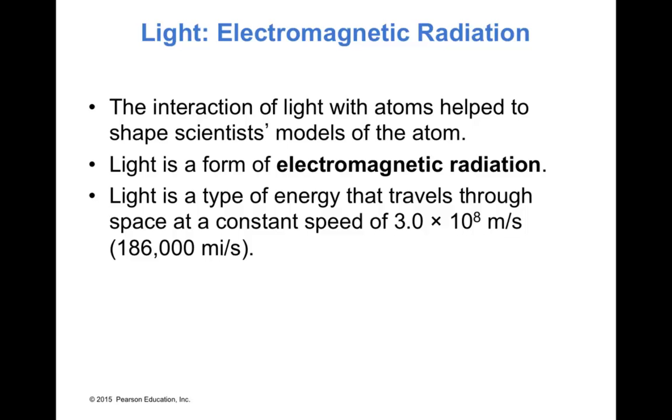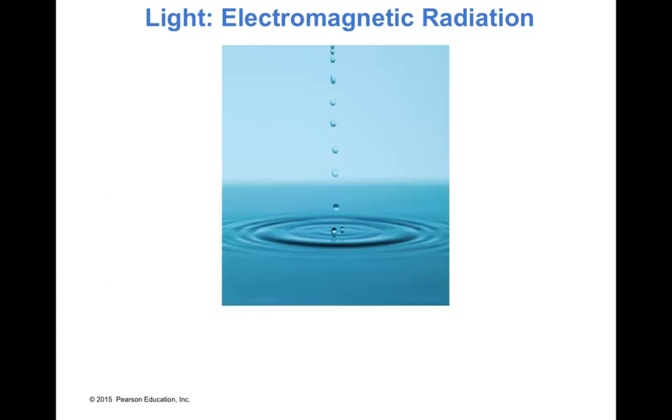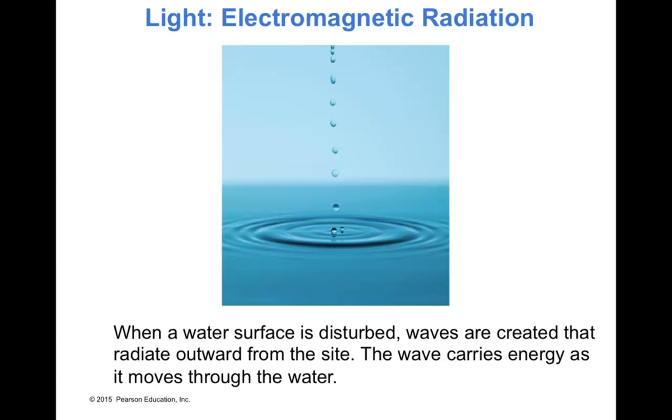And also, light has properties of both waves and particles. When a water surface is disturbed, waves are created that radiate outward from the site. The wave carries energy as it moves through the water.